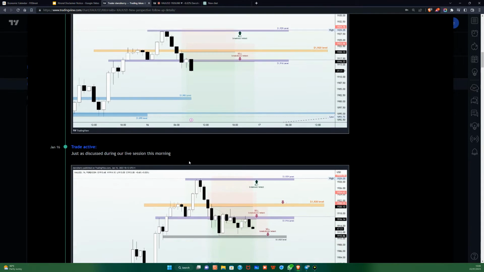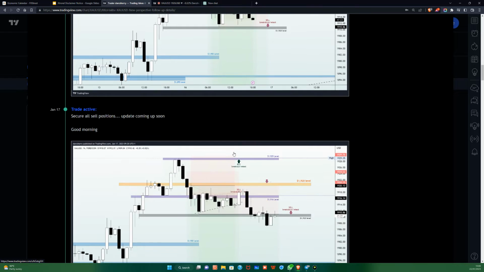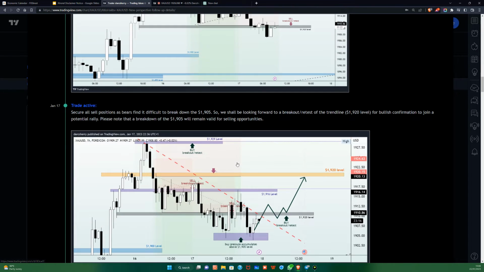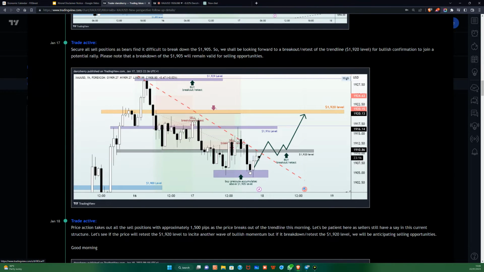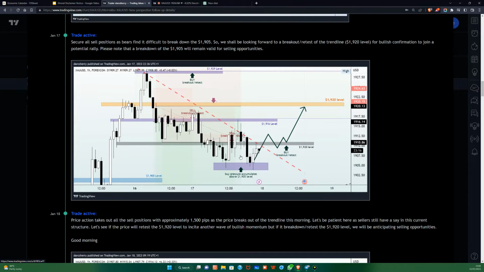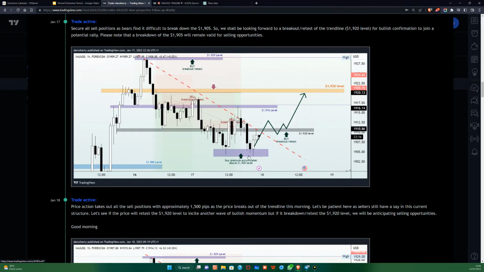We took advantage of that bearish momentum all the way down, and we added more positions accordingly, as you can see, before we started seeing some level of buy pressure gradually coming in around the 1905. We anticipated that buyers might come in at the breakout of the 1920.